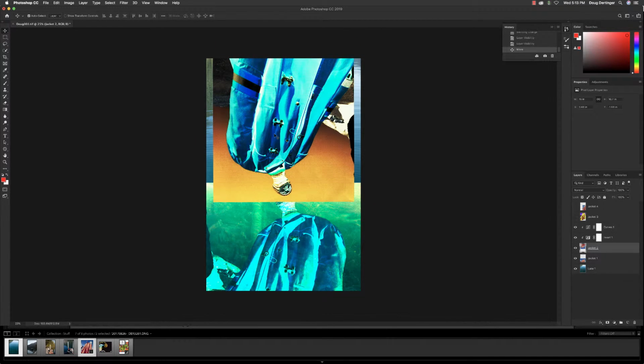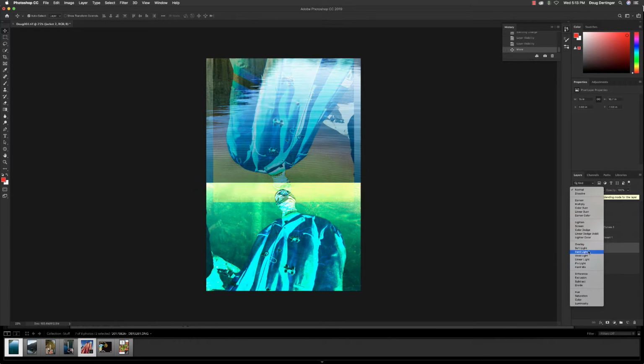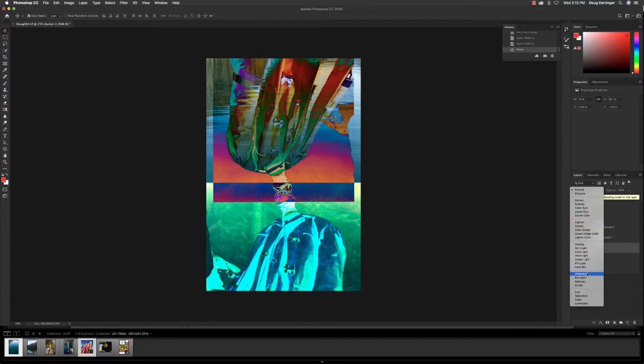However, if I take Jacket 2 and give it a blend mode besides normal, you can see that there are all sorts of different interactions that happen. And partly what's happening here is that we're getting blending modes blending into each other.